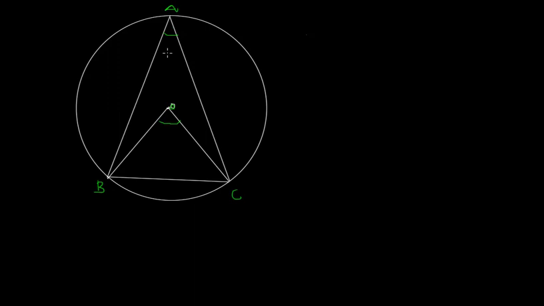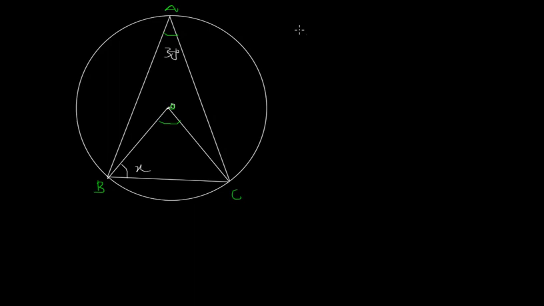So what if I told you to say this is 30 degrees, and I tell you to find angle OBC, find X. Okay, so how do you go about it?